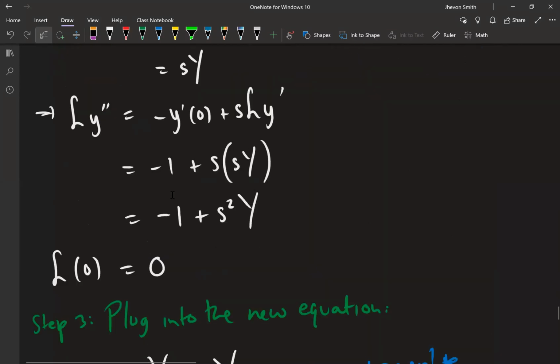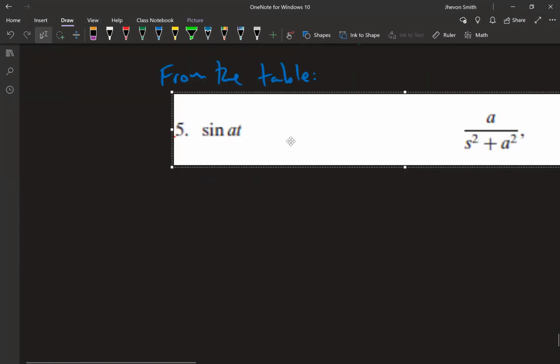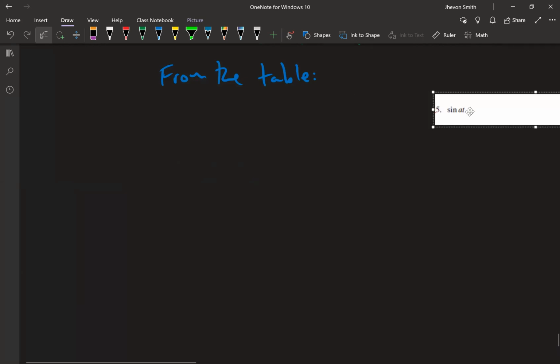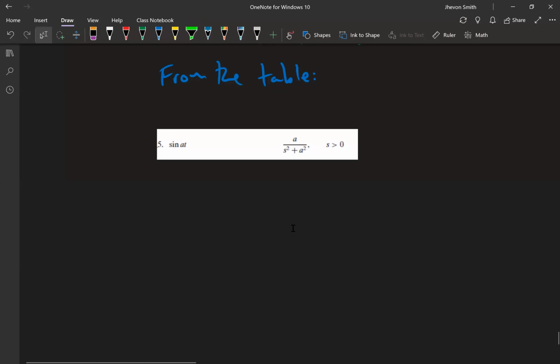So from the table, you're going to realize that that guy seems very relevant. So this here was the Laplace transform of the function. And this here is the function, or you can call it the inverse Laplace transform of the function.